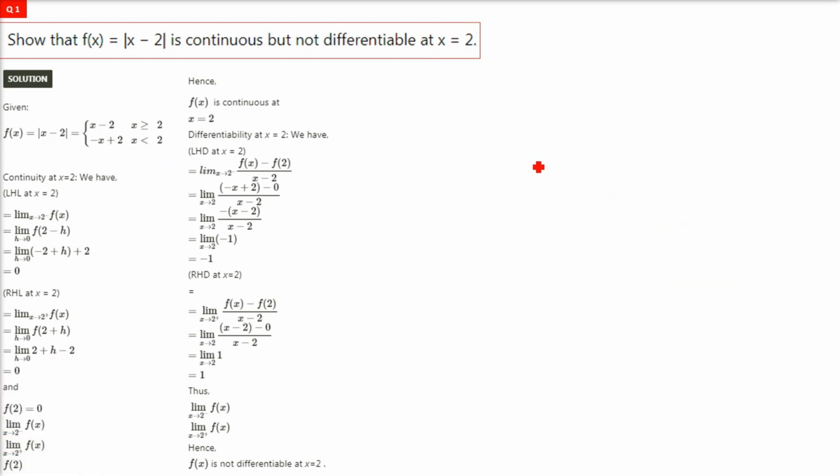The discussion point of this whole exercise is differentiability. So I'm writing it short, dy. Left hand derivative we are going to find out, and right hand derivative we are going to find out. LHD and RHD.